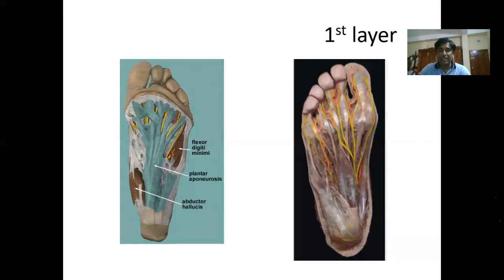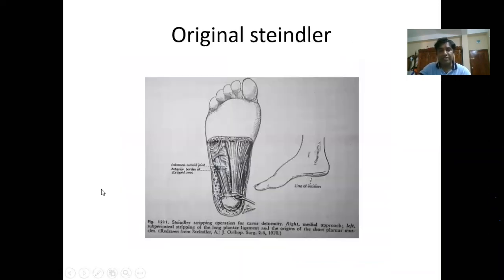Otherwise, this skin tether, or this type of soft tissue tether, will delay your correction and produce a very much resisting force. So this thing you should keep in mind. And plantar fascia resection is not a very difficult thing to do if you know all the anatomical details.